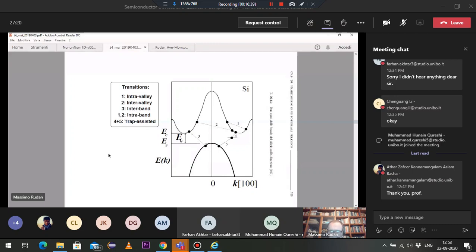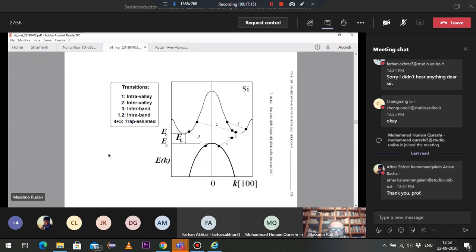But the issue is that we are interested in the behavior of the electrons essentially because we want to describe the transport properties of the material. We want to investigate how the material behaves when, after being put in a non-equilibrium condition, there is some electric current flowing through the material.